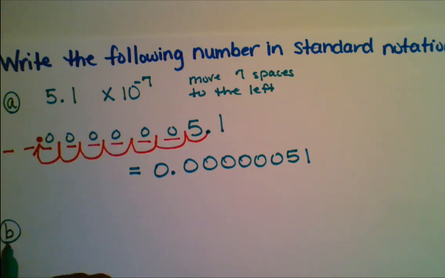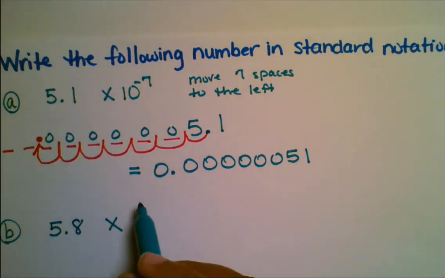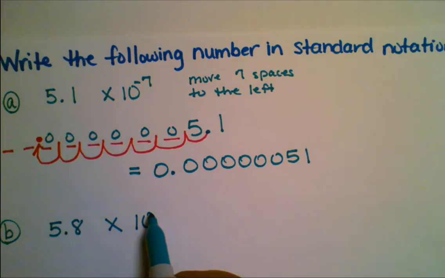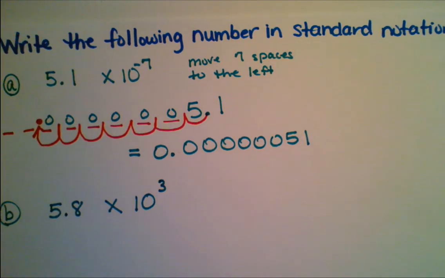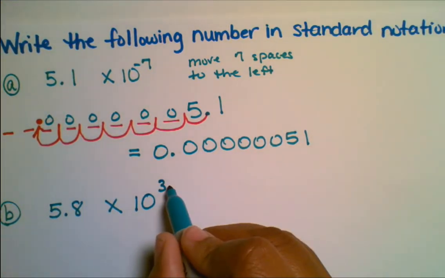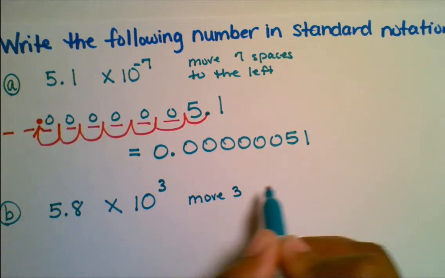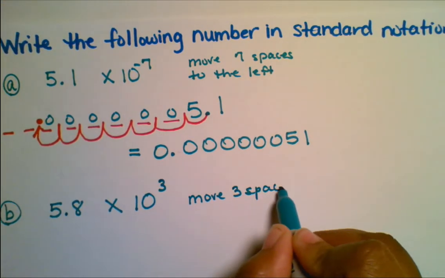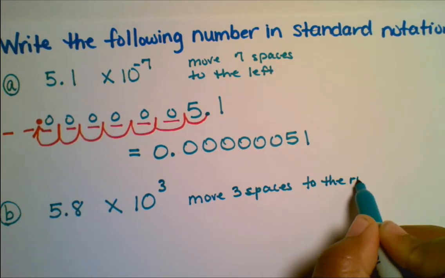Another example, we have here 5.8 times 10 to the third power. Because the exponent is positive 3, we're going to move our decimal point 3 spaces to the right.